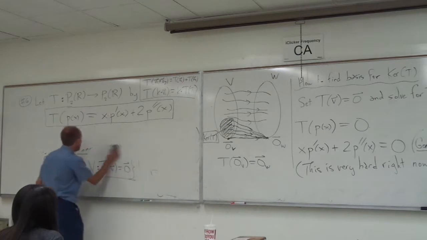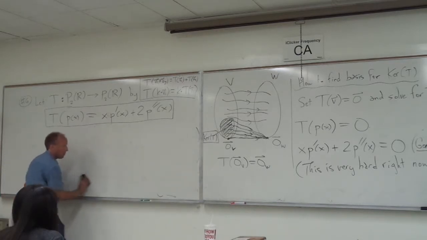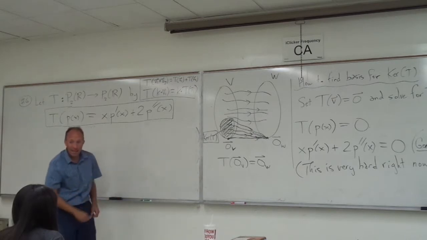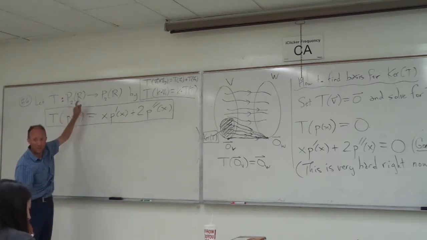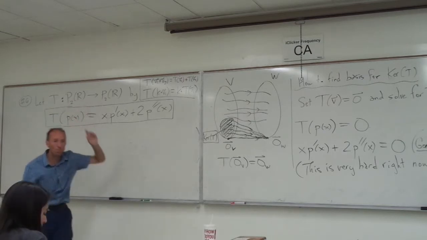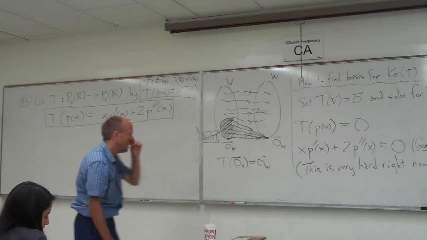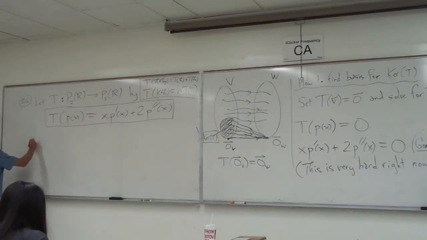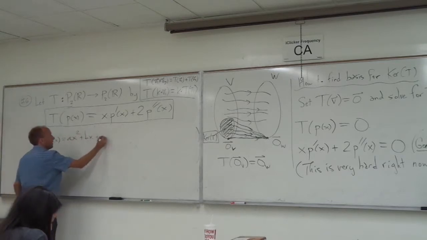What you have to do, guys, is go back and write your polynomial p of x as ax squared plus bx plus c, and just brute force it in those terms. So we're going to write p of x as ax squared plus bx plus c.